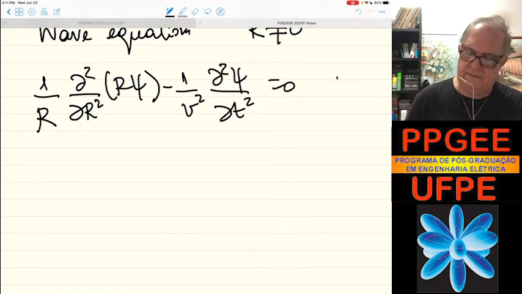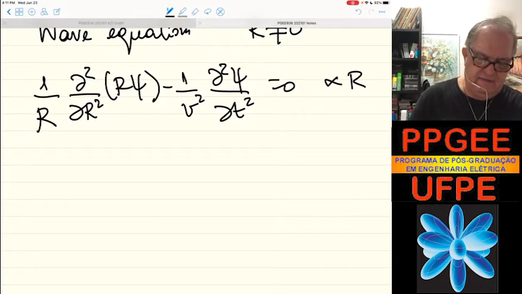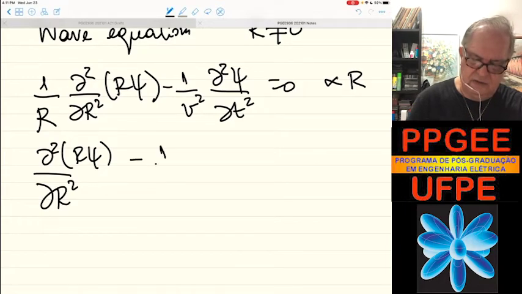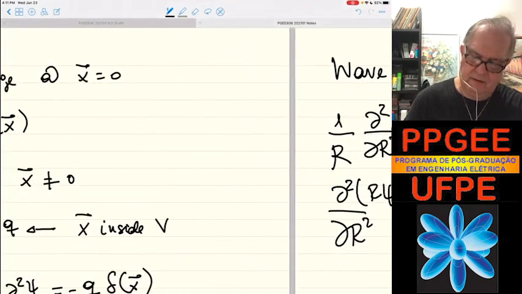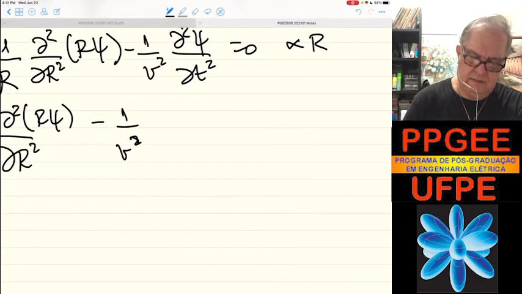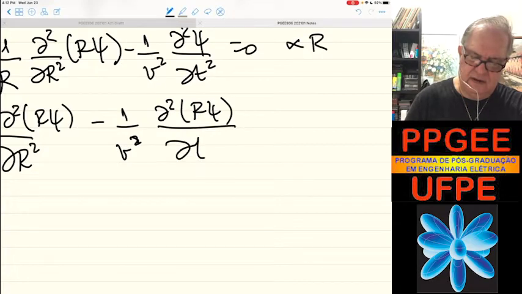And then if I multiply by r, you're going to have this relationship here, minus 1 over v squared something like this, d2 dt squared equals 0.